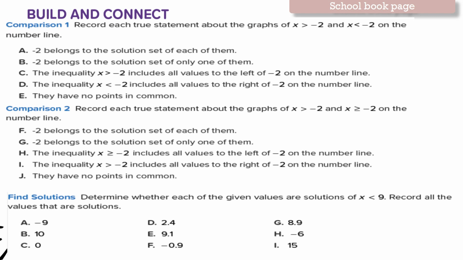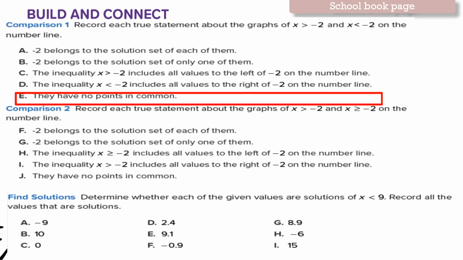This is also not correct because all values to the right of -2 on the number line are greater than -2, and these values will not satisfy the inequality x is smaller than -2. E, they have no points in common. Of course, this is correct because when we graph the two inequalities, there will be no points in common.